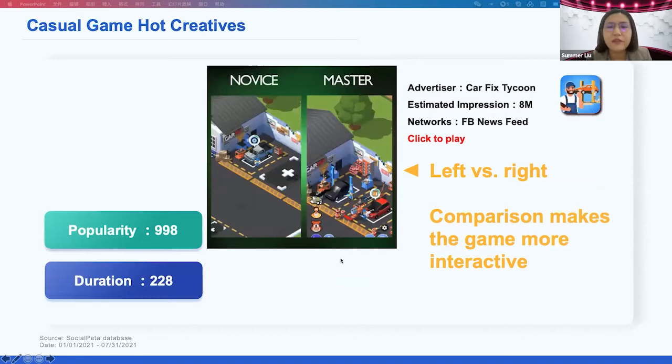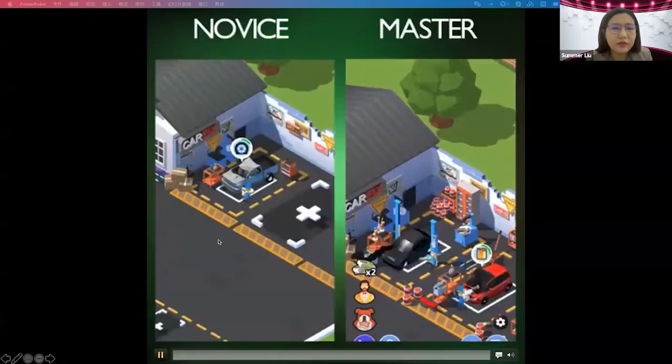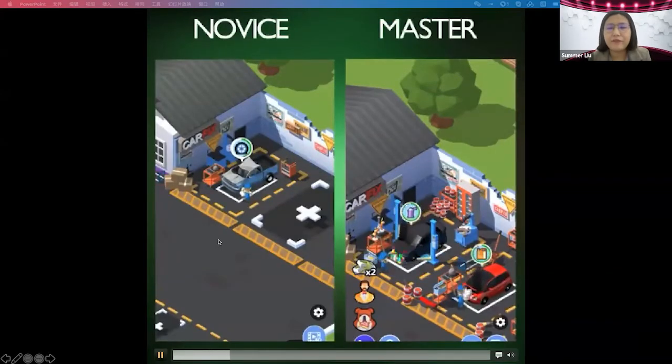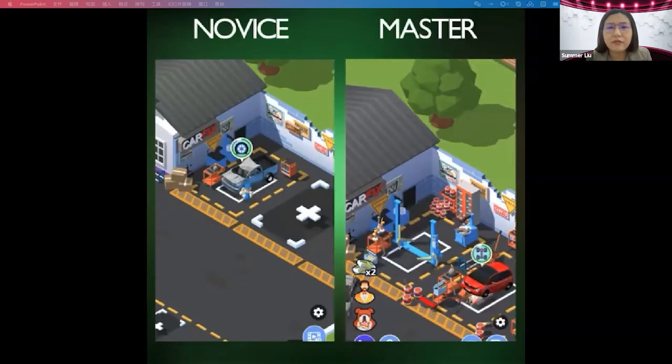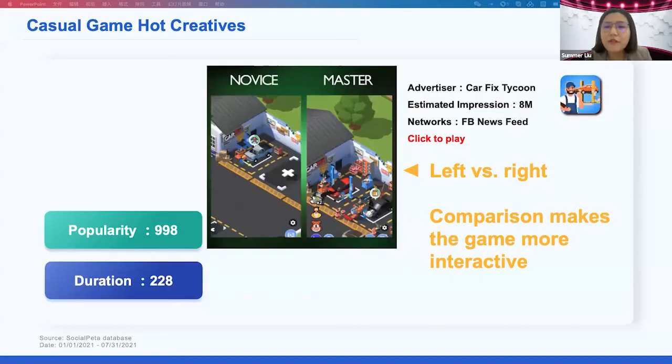The first creative is from Graphics Tycoon. We can see that it's a very classical angle that makes a comparison between a novice and a master.